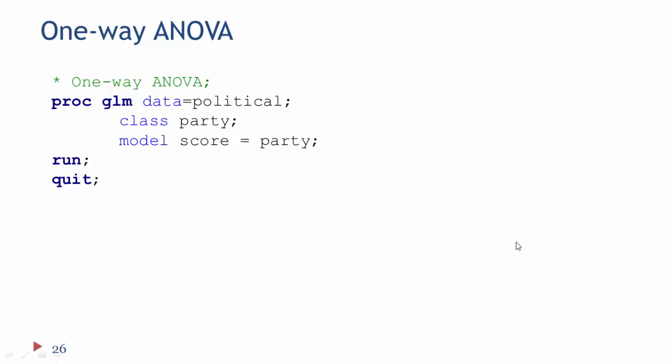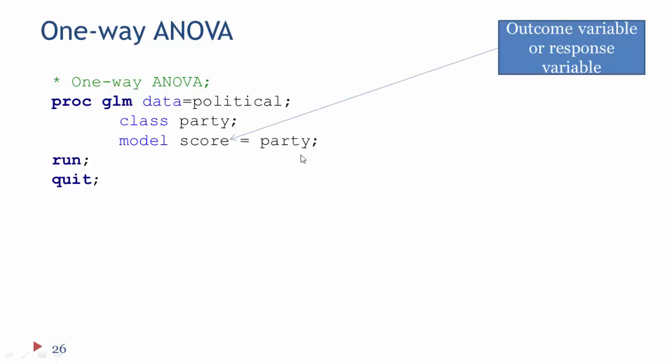We will run a one-way ANOVA analysis of variance using PROC GLM. So here party identification is a categorical variable, so we have to declare it as a class variable, and then in the model statement we write this way: the score is the outcome variable, and then the party is the predictor variable.